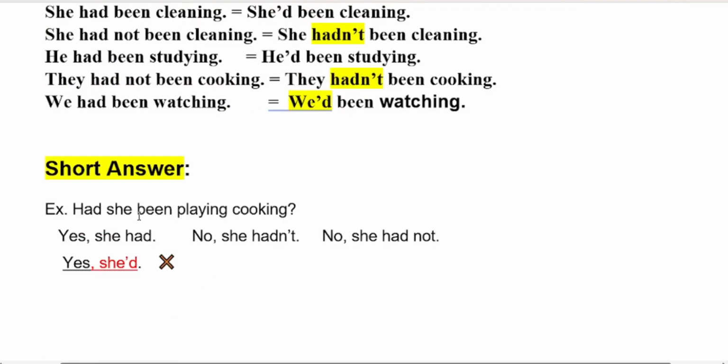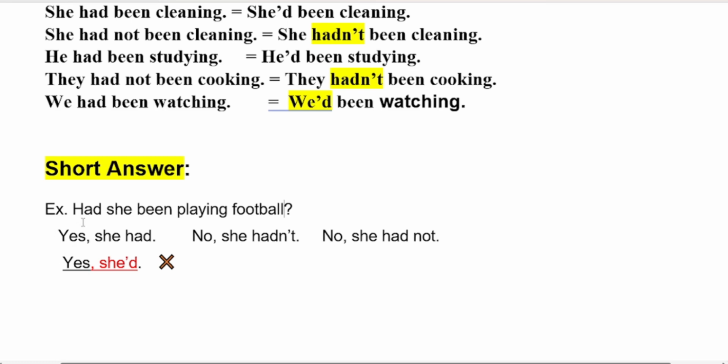And the next form, short answer, right? Had she been playing football? Yes, she had. No, she hadn't. Or no, she had not. Yes, she had.